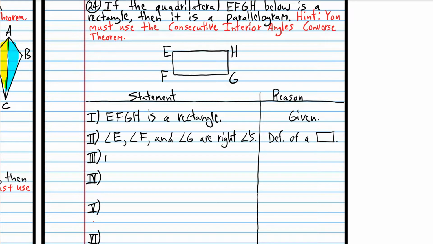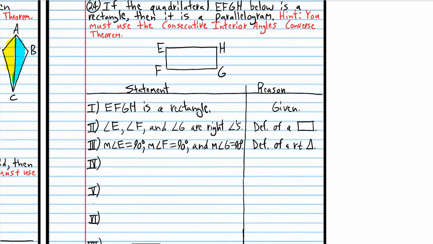Now, that also means that the measure of angle E is equal to 90 degrees. The measure of angle F is 90, and the measure of angle G is 90 degrees. That's just the definition of a right angle. Sorry about that.